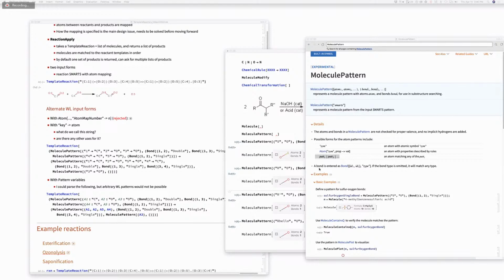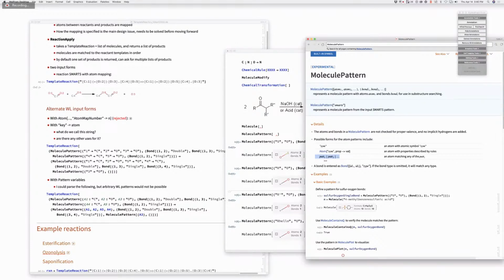I don't know. Who wrote this? You're telling me I wrote it. So does there need to be a difference? Okay, look. Molecule pattern. The question is, is it the case that in molecule pattern you match an arbitrary functional group with an R when you use a replace with a molecule pattern?